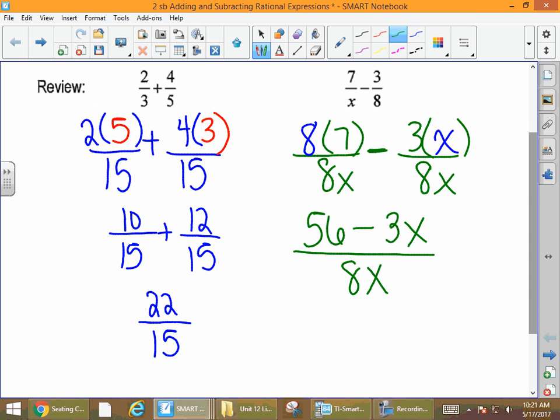And in fact, that's as much as we can do to that problem. We cannot simplify any further because we cannot factor any part of that fraction. So again, to add and subtract, fancy form of 1.